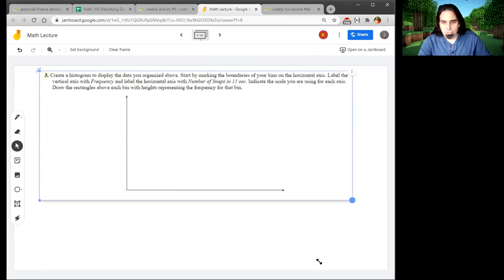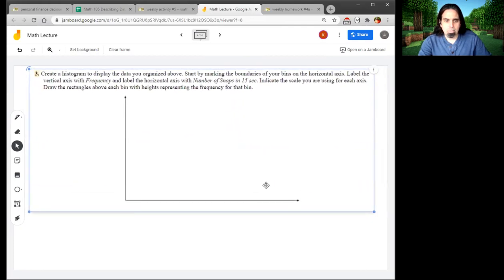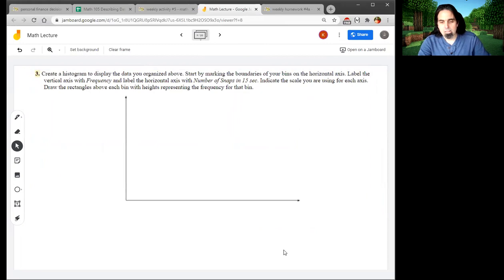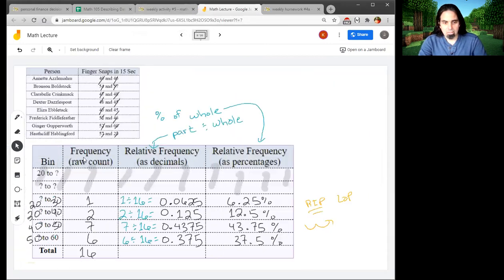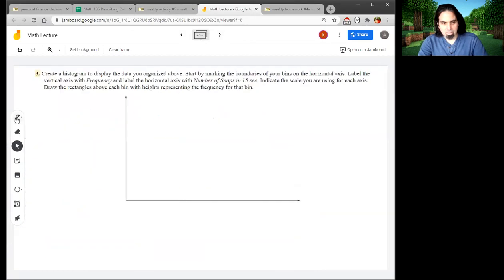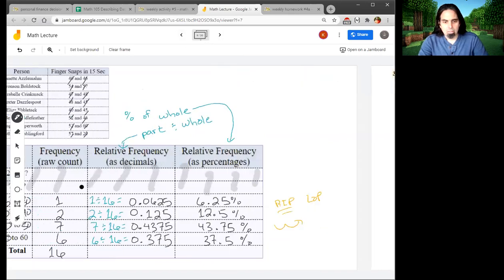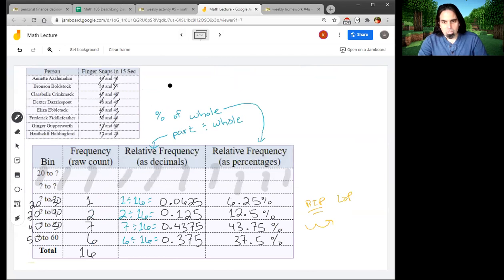Then it asks us to make a histogram. But we had 4 bins going from 20 to 60. The height went from 1 to 6.